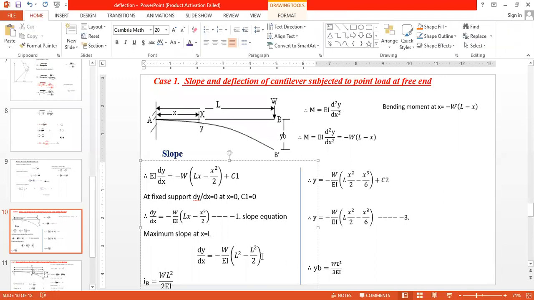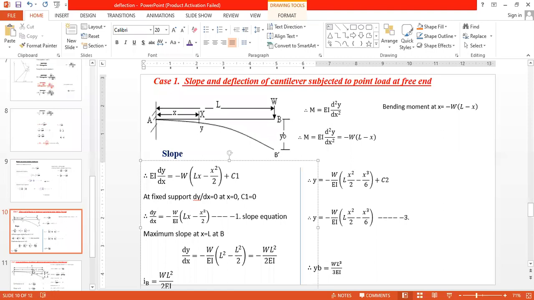Now this will give minus WL square divided by 2EI. Here dy by dx is the maximum slope, and it is at x equal to L, at point B.